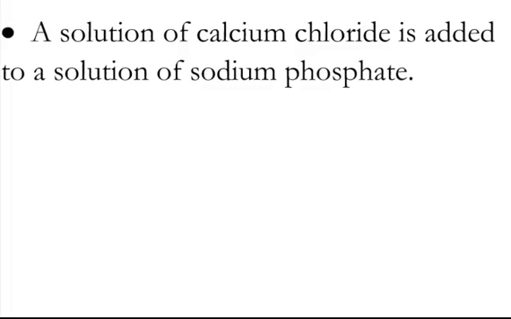Our next reaction is a solution of calcium chloride is added to a solution of sodium phosphate. We don't see any acid bases here, so we know this is a precipitation reaction. We've got to figure out what our spectator ions are. Sodium's a spectator ion, which means chloride's a spectator ion. So we put calcium. Calcium's charge is +2, since it's an alkaline earth metal.